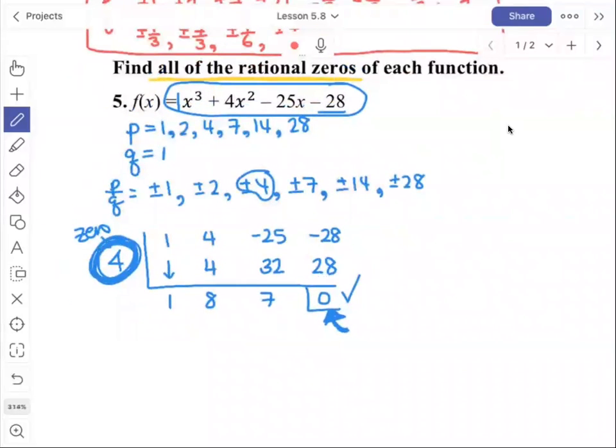Now from there, I need to find all the rational zeros. I got 1. I don't want to keep testing out the rest of them because I have a better strategy. I can use my depressed polynomial, x squared plus 8x plus 7. And I can factor that to be x plus 7 times x plus 1.